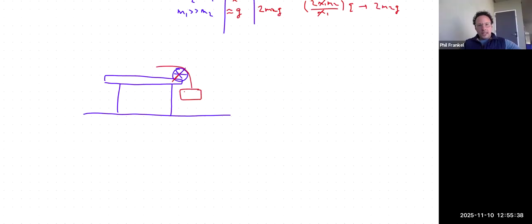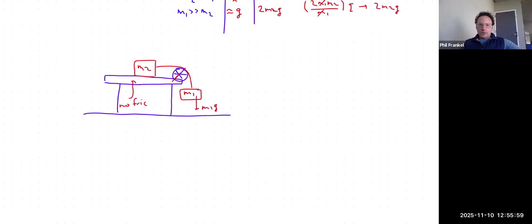M1 and I have a mass M2. And let's say there's no friction for now. Okay, the free body diagram looks like this. There's a force M1G pulling mass 1 down.